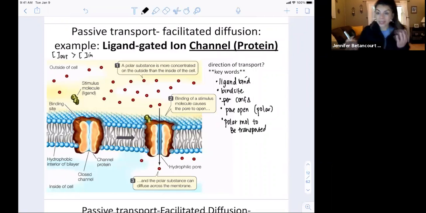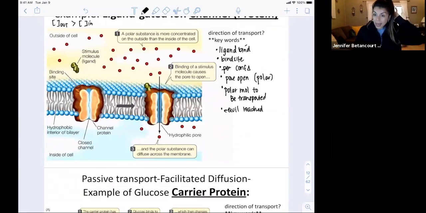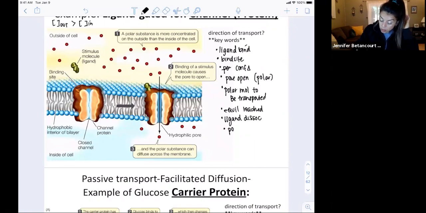Okay. And once the cell senses equilibrium, so this is going to happen until equilibrium is reached. And once the cell senses that, the ligand dissociates. And we go back to the beginning, the pore closes.